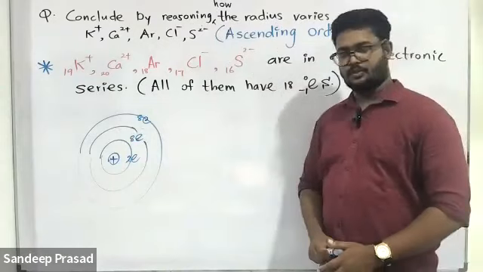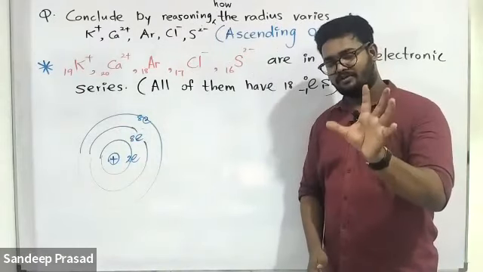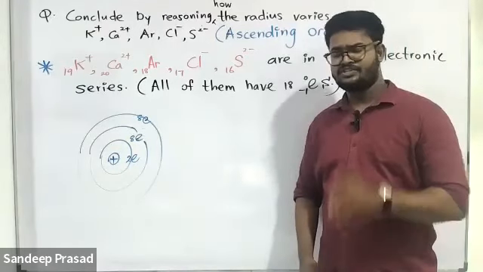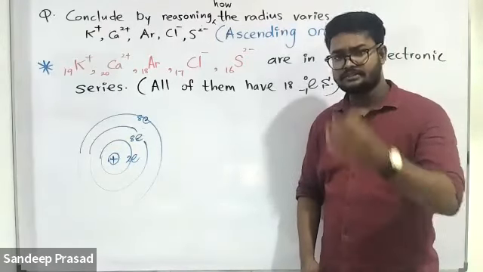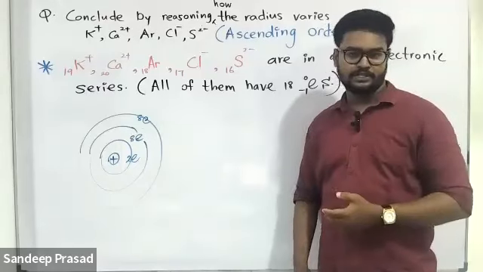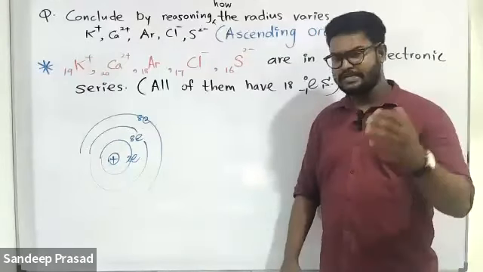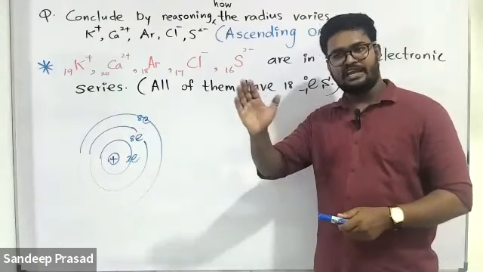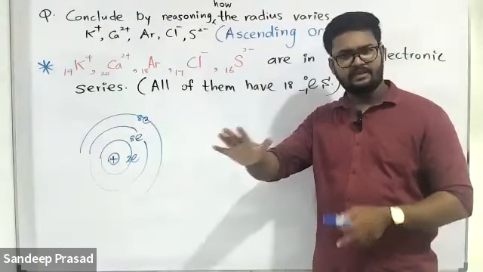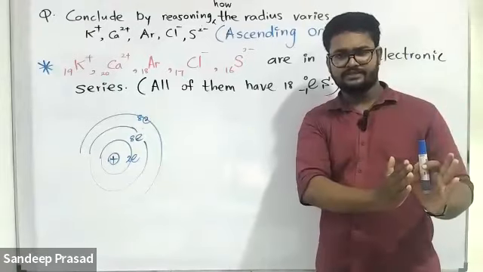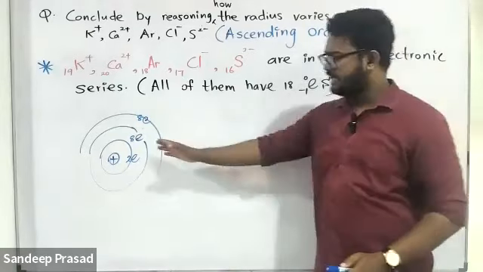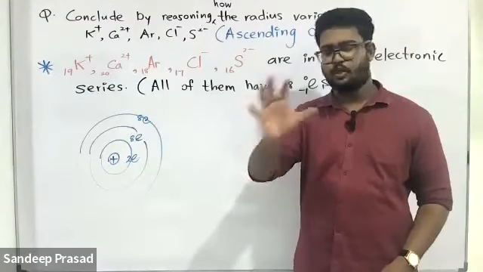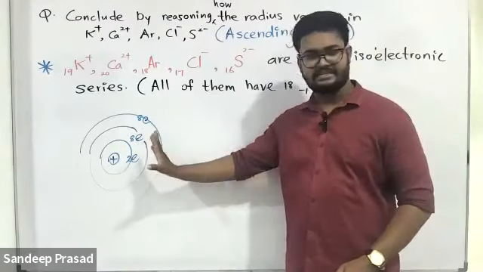Right? So what are the affecting factors for the radius? Nuclear charge and the shielding effect. Shielding effect, is it changing? Do we need to calculate the effective nuclear charge? No need. You can just go with the nuclear charge. Shielding effect is measured by the number of core electrons. So how many core electrons are there? 10 electrons.